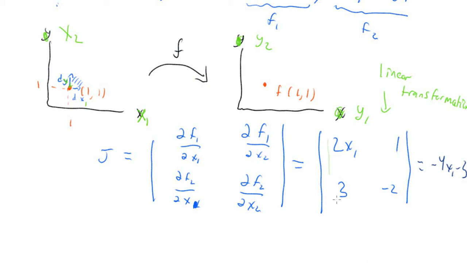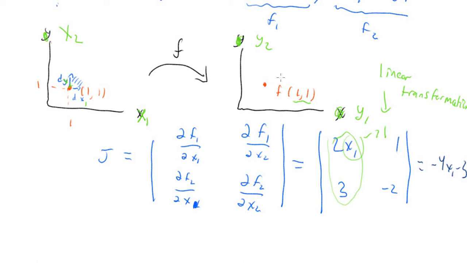So this right here is the image of dx under this linear transformation. Let's evaluate it at the point (1, 1). So x1 is 1, and this just becomes a 2 at this point. So dx is going to go to a vector, with the basis over here being dy1 and dy2.